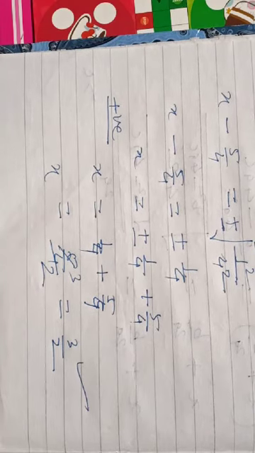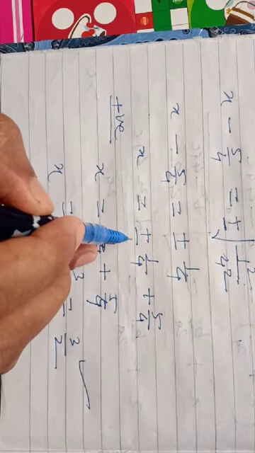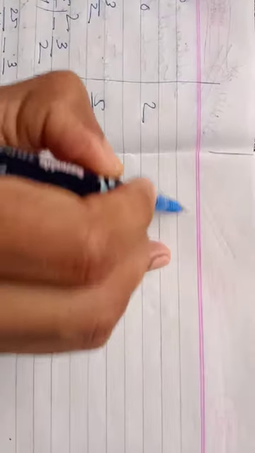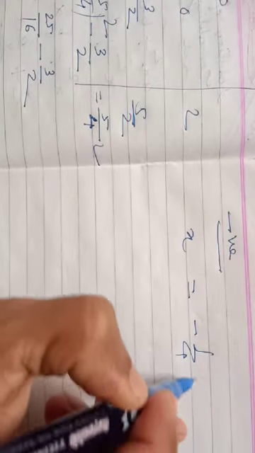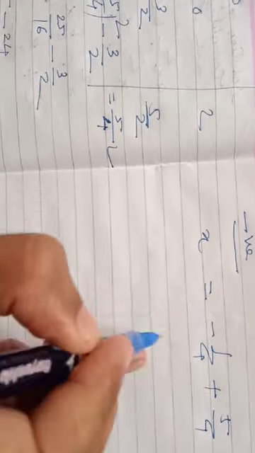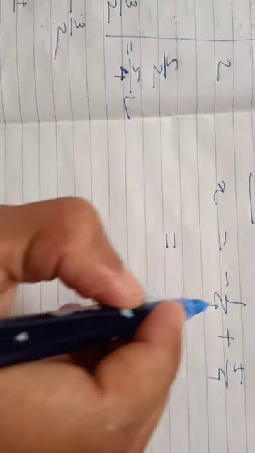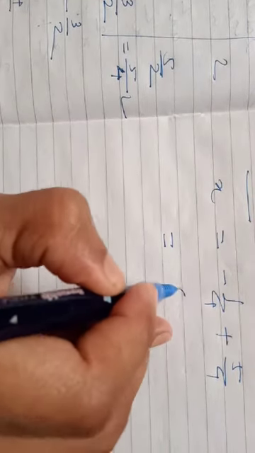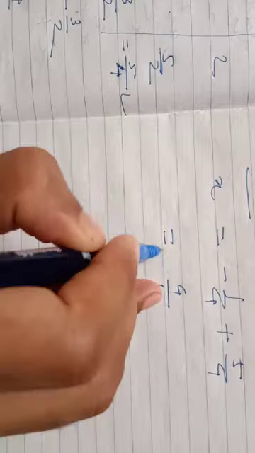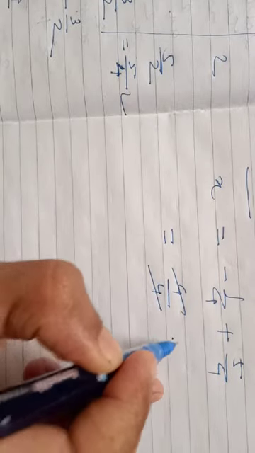Now the second time we should take the negative value of 1/4. So x is equal to minus 1/4 plus 5/4. Denominators are the same. So minus 1 plus 5 means 4/4. 4 1s are 4, which means 1.